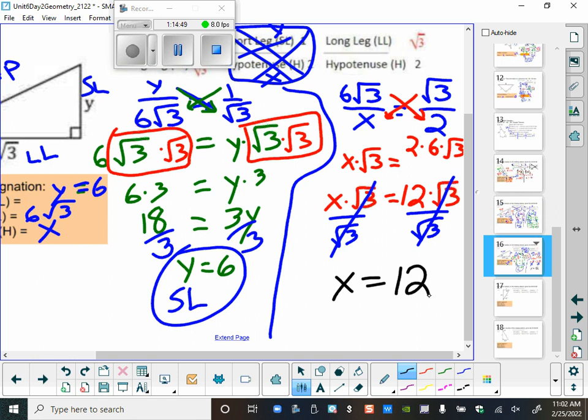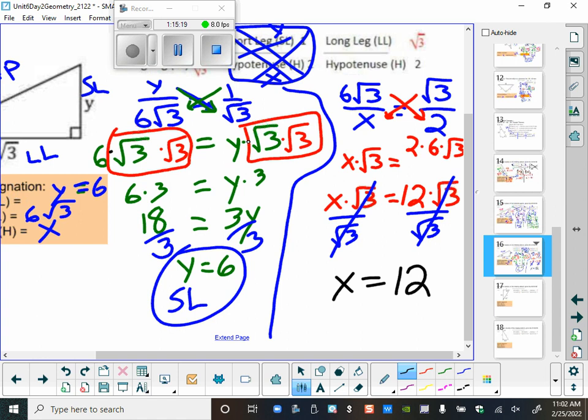This is going to be the one time. But notice how we had both square root of 3, square root of 3. Could we have done it over here too? You could have. Because both 6 times square root of 3 and y times square root of 3, you could divide both sides by square root of 3. In the end, both ways work. I just want everybody to see both ways.